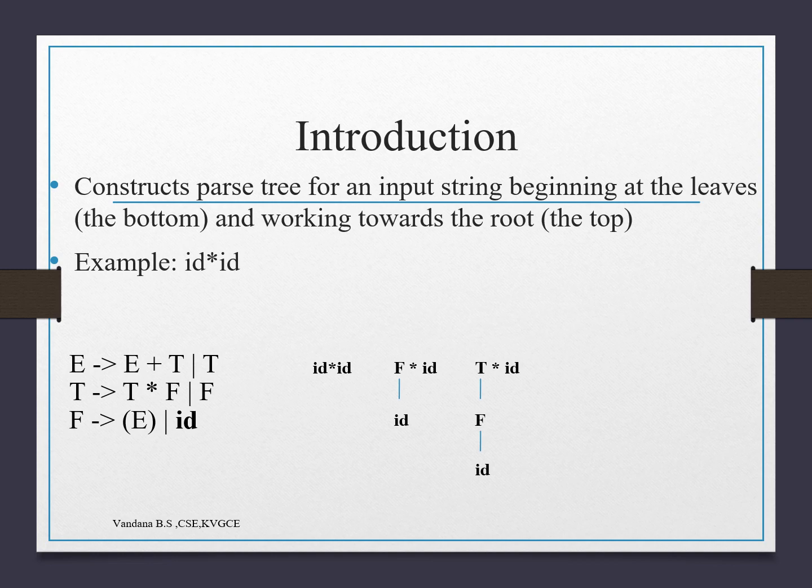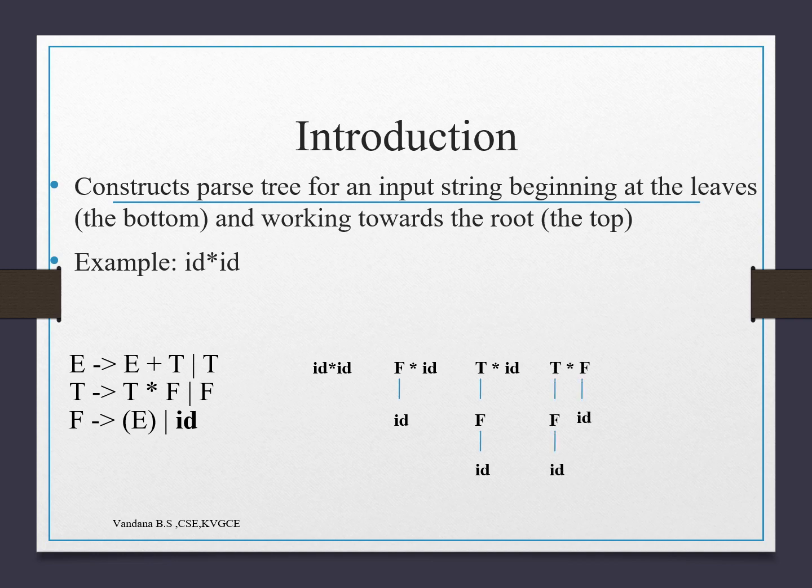Now let us consider that we have a choice between reducing the string T, which is the body of E derives T, so T can be replaced with E, or we have another choice: the second ID, which is the body of F derives ID. Either we can replace T with E, or we can replace ID with F. But instead of the first choice, I'm taking the second choice now.